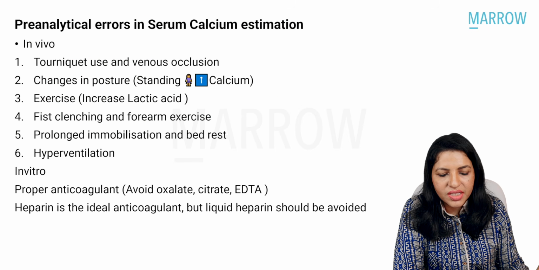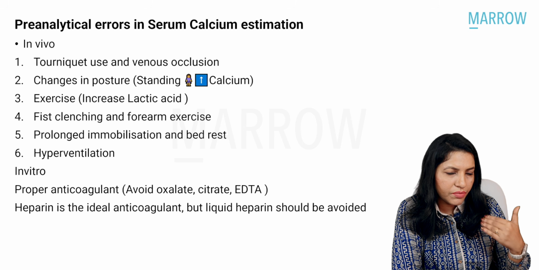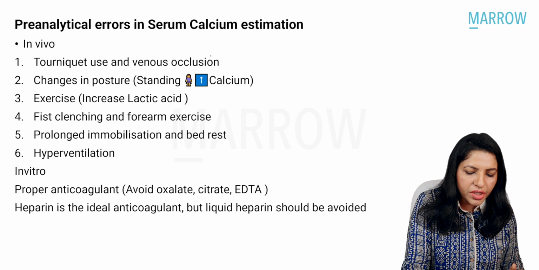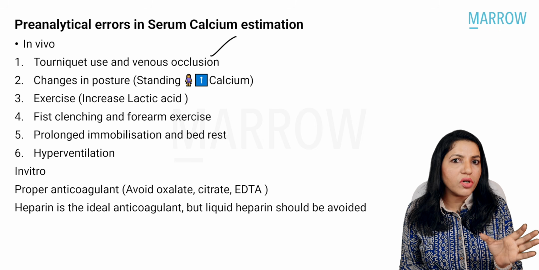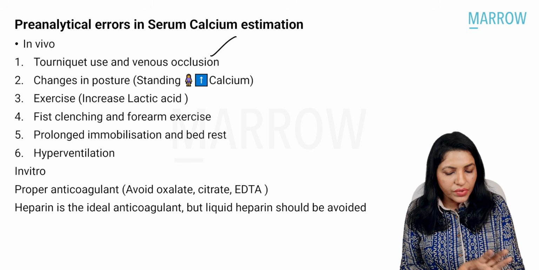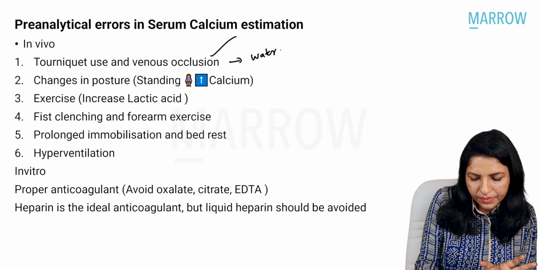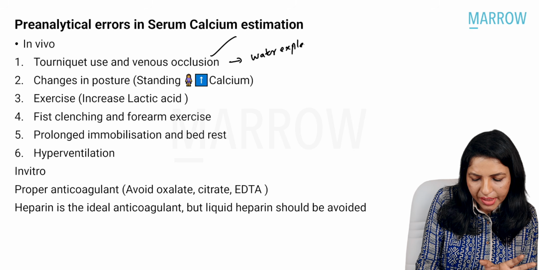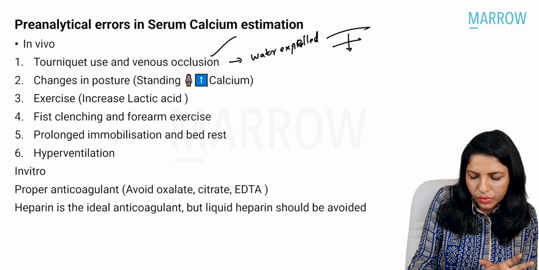The pre-analytical errors in serum calcium estimation in vivo, that is before drawing the blood: tourniquet use and venous occlusion, because both can cause venous stasis. If there is venous stasis, water is expelled from the vascular space to outside.